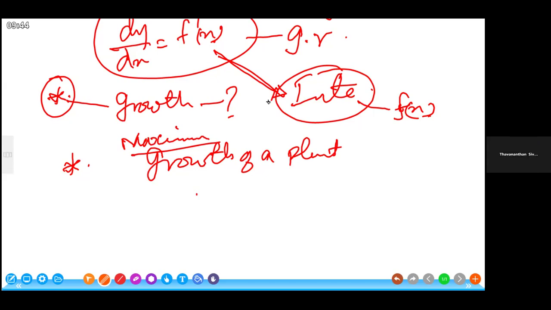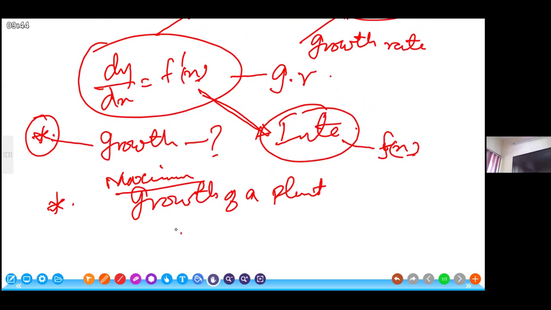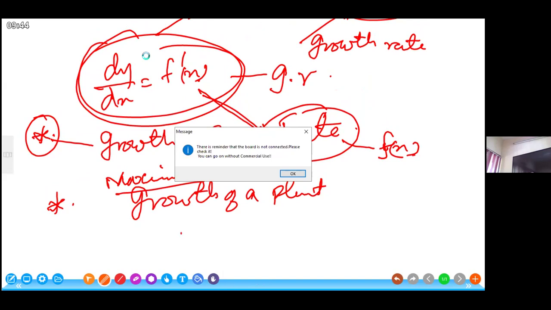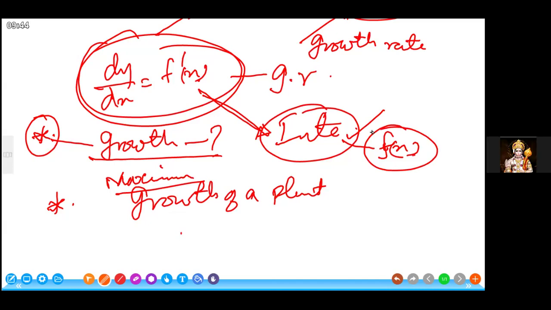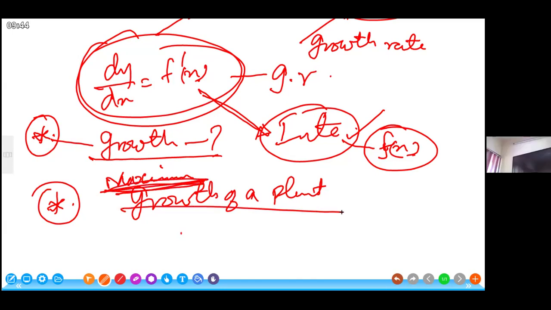This is a growth rate function that has been given. Now you are asked to find the growth function, so you have integrated, and that is the growth function. In the second question, I am asking the maximum growth of a plant, so we have to differentiate this f(x). Differentiate which one? f(x).